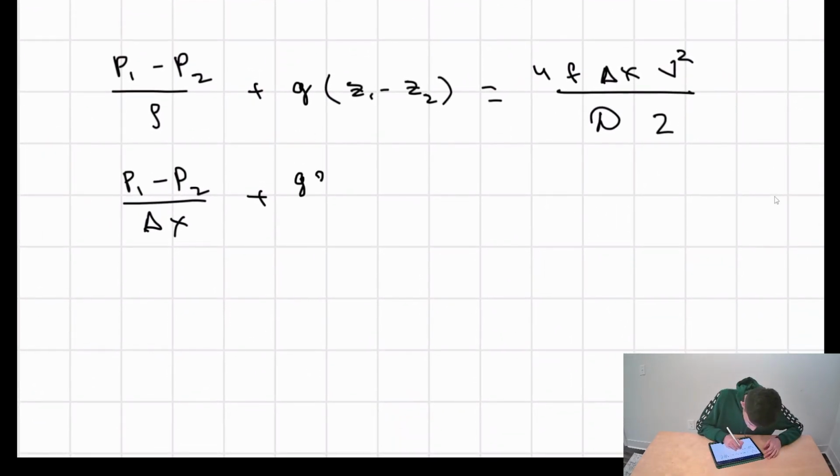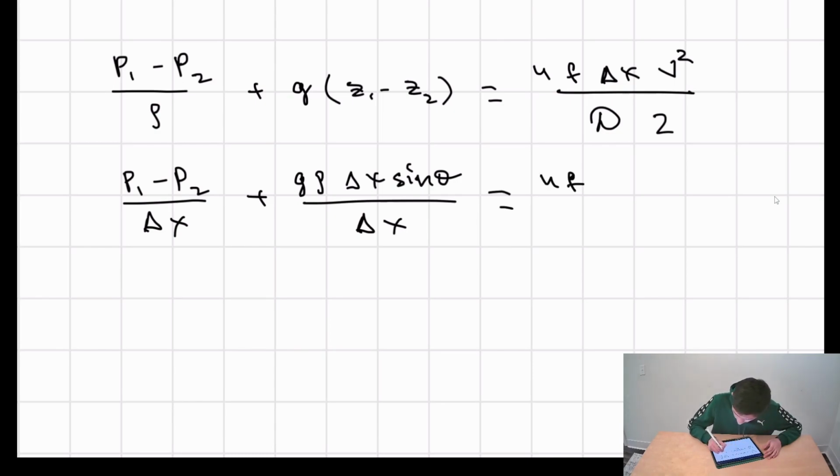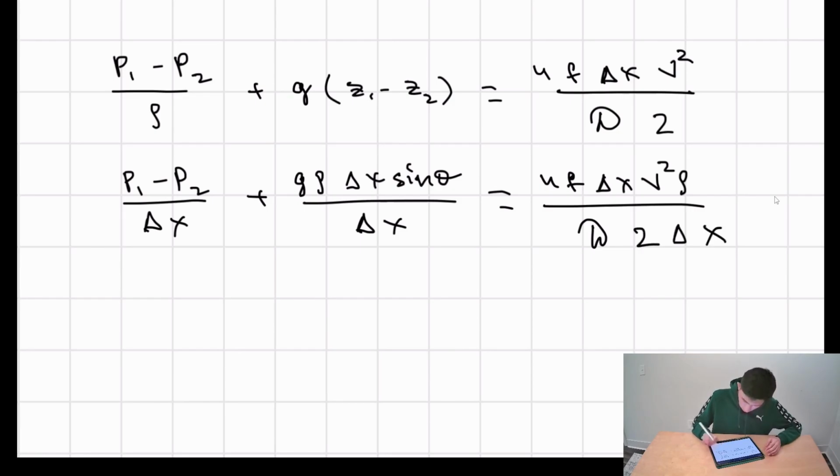So it's g rho delta X times sine of theta over delta X, equal to 4F delta X times velocity squared times density over diameter squared, and delta X.